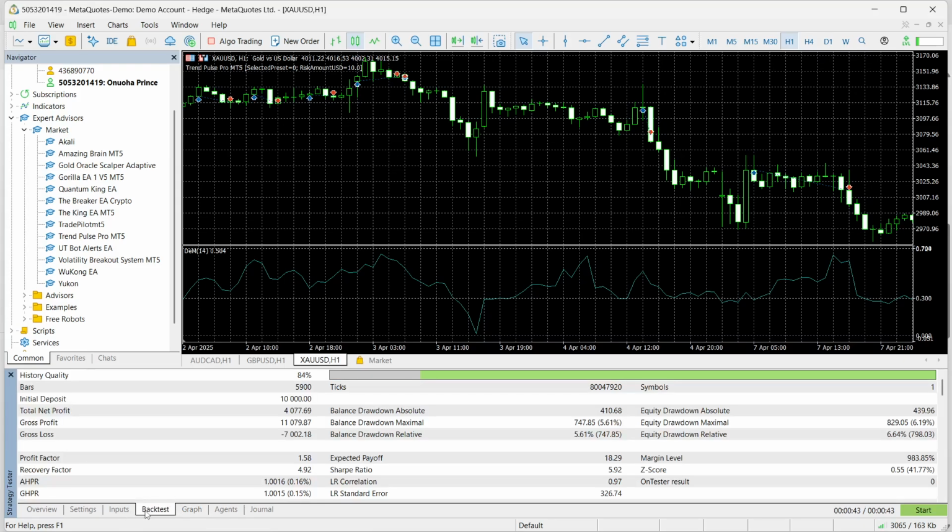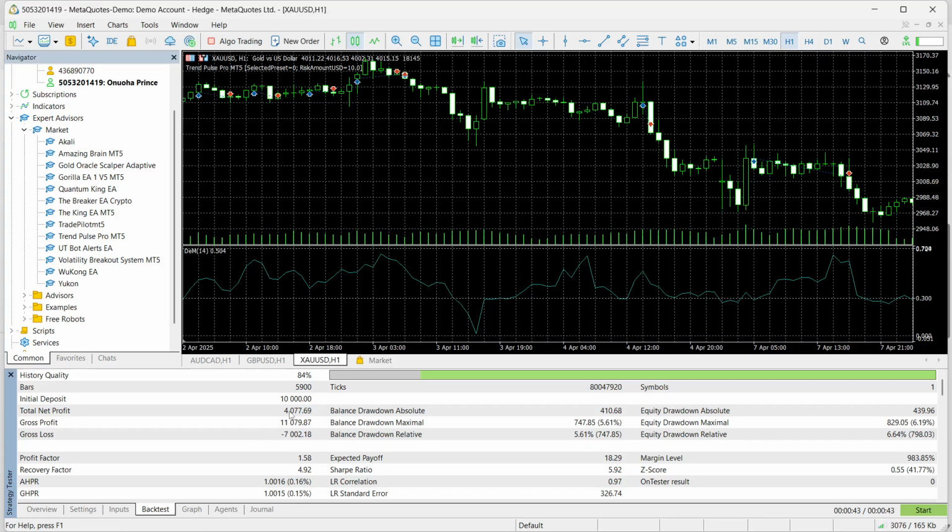As for the stats, there was a strong net profit of over $4,000, $4,077 to be precise, a profit factor of 1.58, recovery factor of 4.92, and an excellent Sharpe ratio of 5.92.